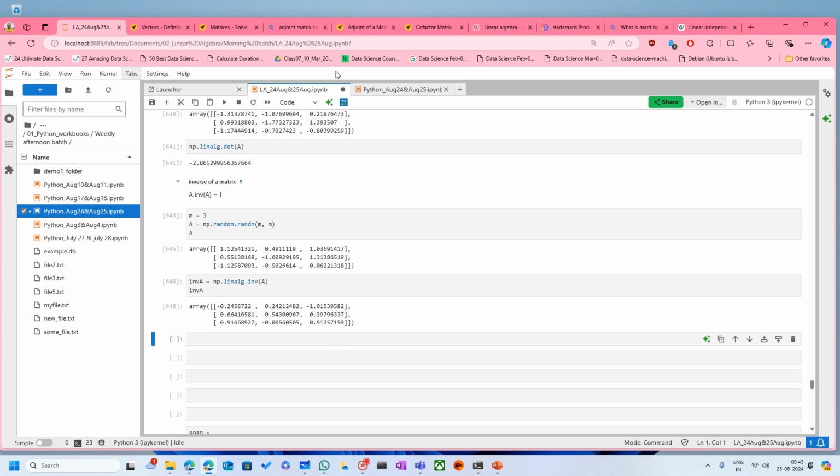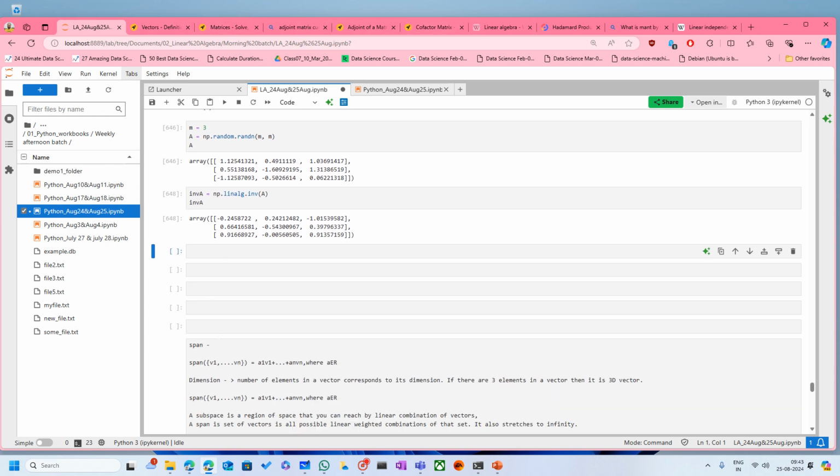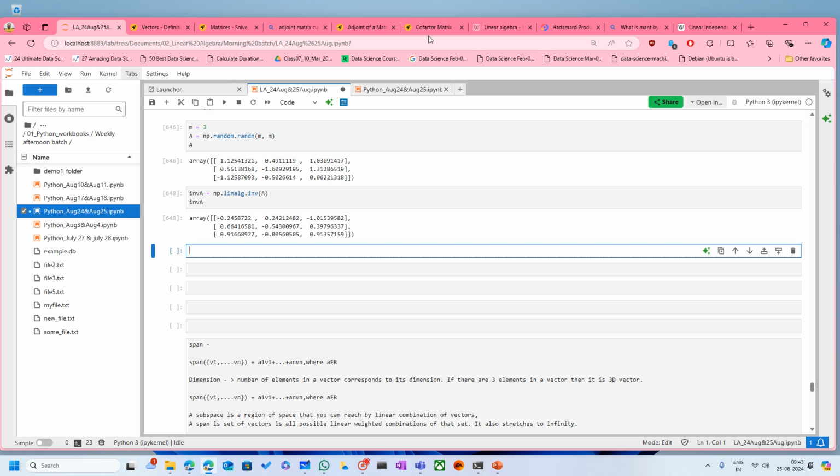How you get the inverse matrix is what I explained. First you have to go through minor, then cofactor, then adjoint, and to that you have to multiply 1 by the determinant of A, so that you will get the inverse.